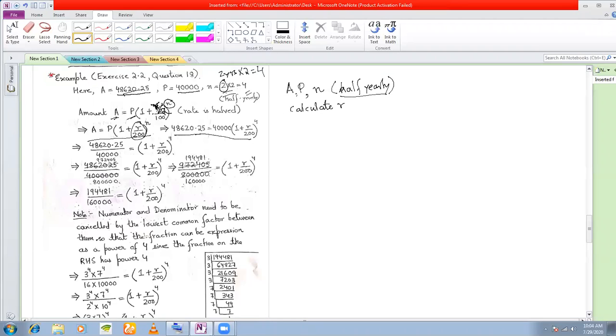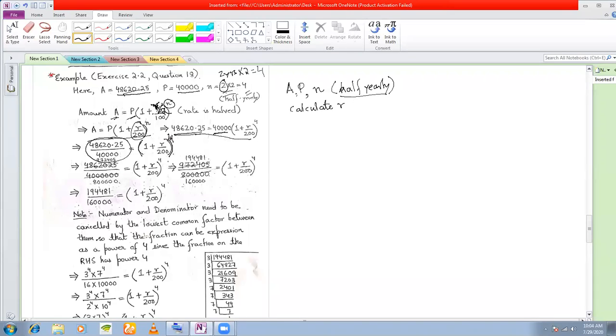Just as last year, once we get the left hand side and the right hand side numbers, we convert the entire left hand side to a fraction, so that I get some power of R by 100 or R by 200, whatever may be the case. In our case, it is R by 200 raised to this power.